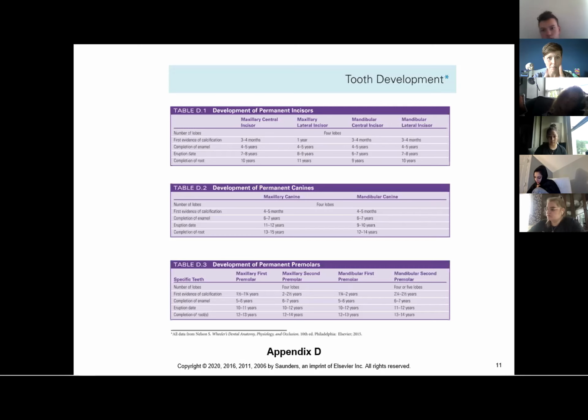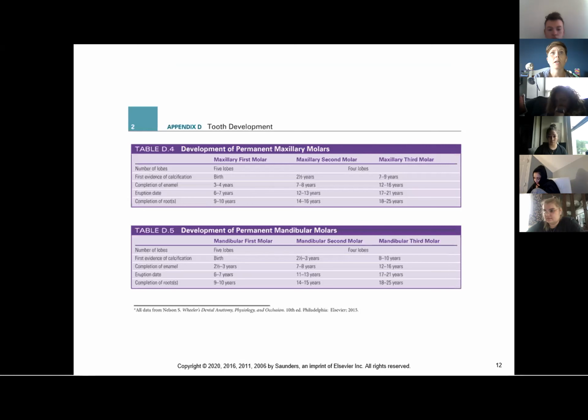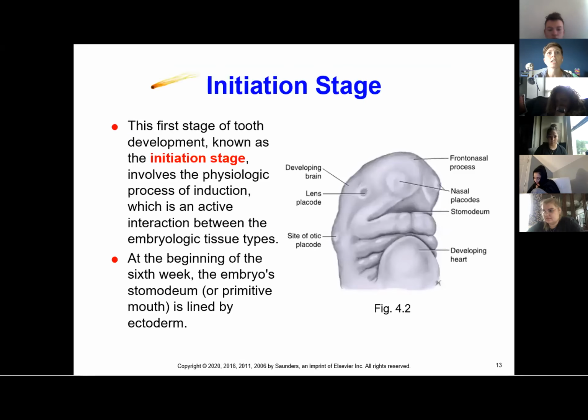That's how you sometimes end up with a little bit of a demarcation line in the facial, the front surface of that front tooth, because those lobes have fused together. So these are in your book.